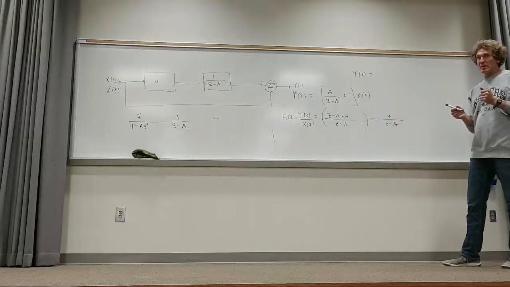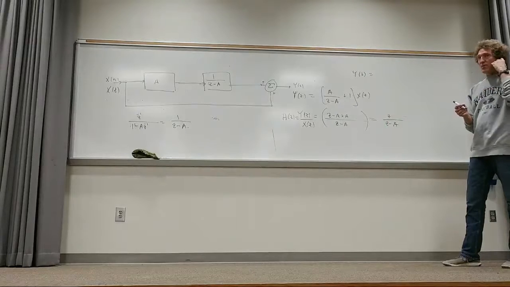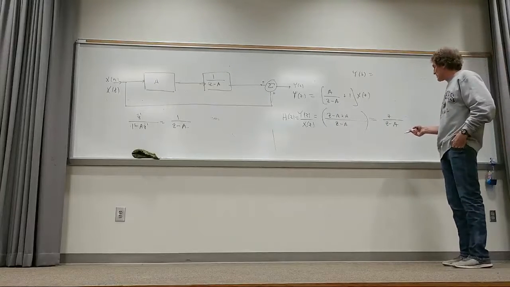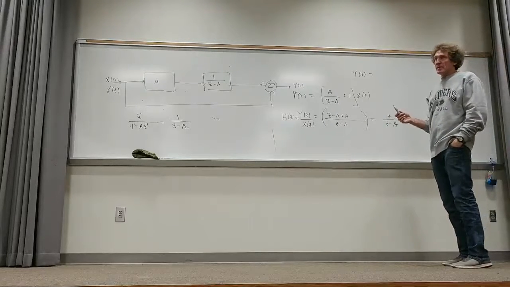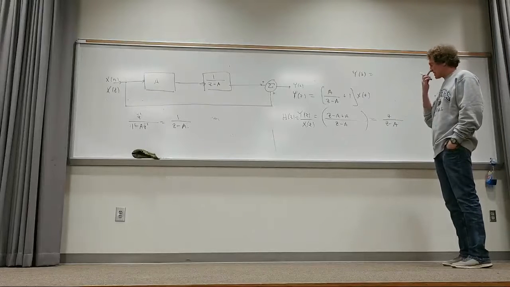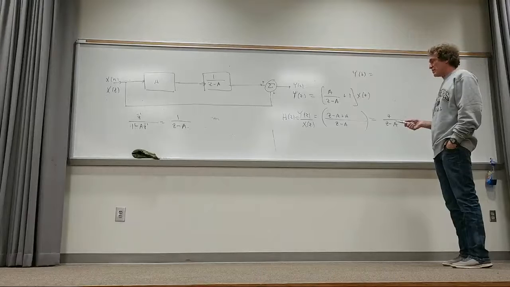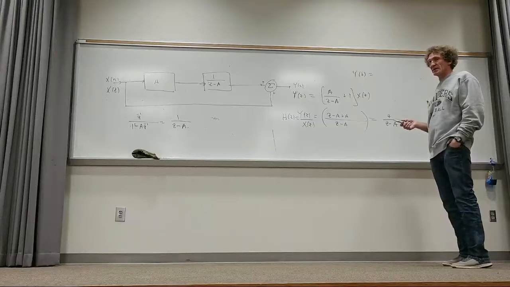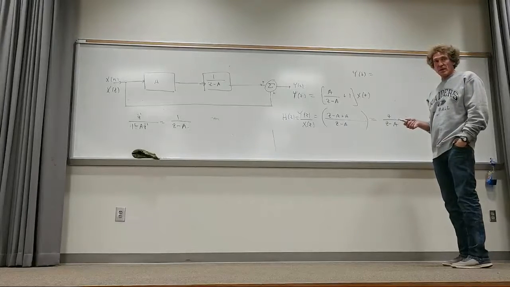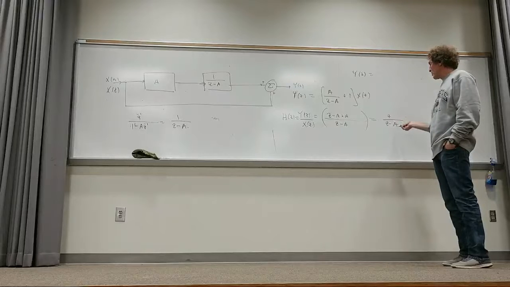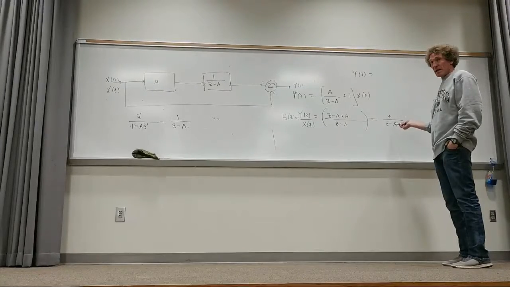Now for that one, if you remember, whenever we had this kind of thing, it had to do with the stability criteria. For it to be stable, the poles had to be inside the 1 circle, right? So if you take a look at this, where are the poles? They're at z equals a, correct?